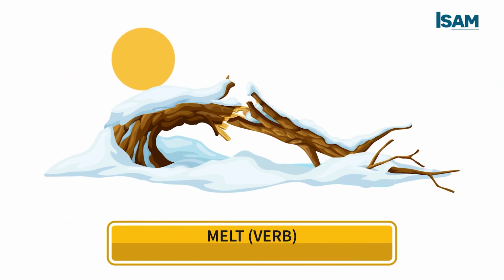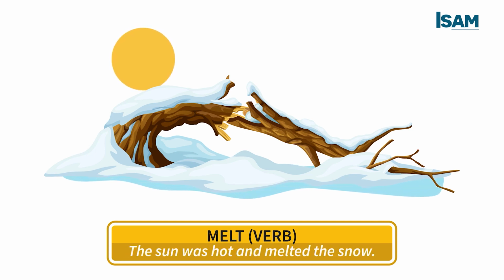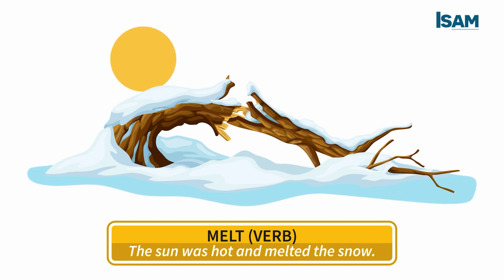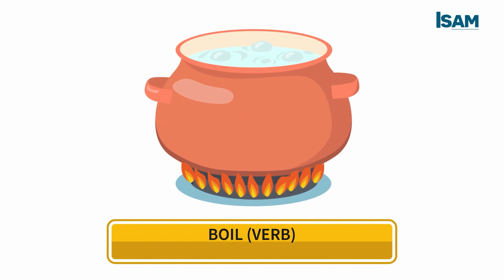It means to change something from solid to liquid by heating. For example, the sun was hot and melted the snow. Boil is a verb. It means when water is heated to the point where it forms bubbles and turns to steam or vapor.